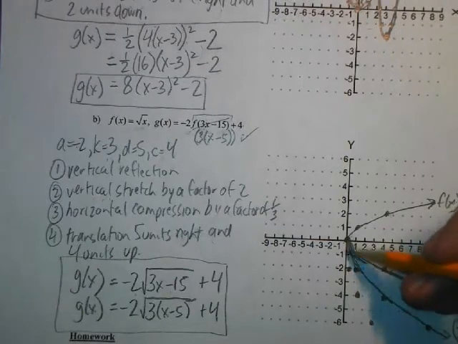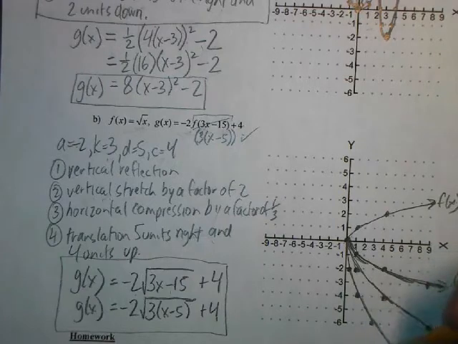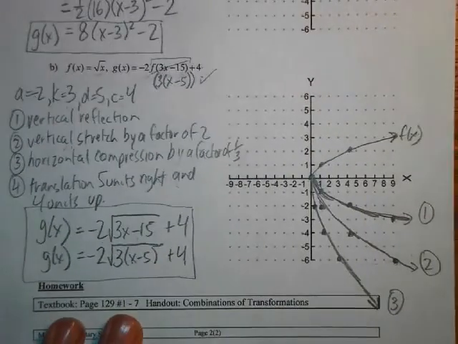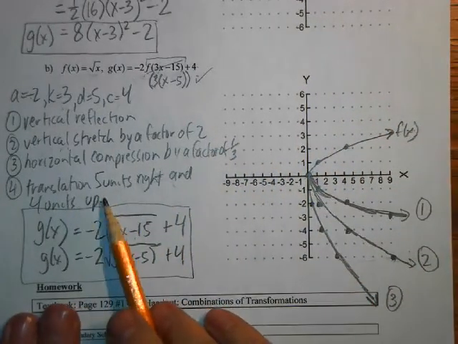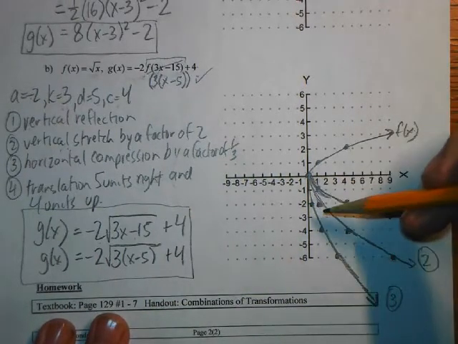so our latest graph now looks like this. It's kind of guessing at this point, but we'll say that's it there. So that's our third transformation. And now the last thing we do is apply the translation, which tells us 5 units right and 4 units up.